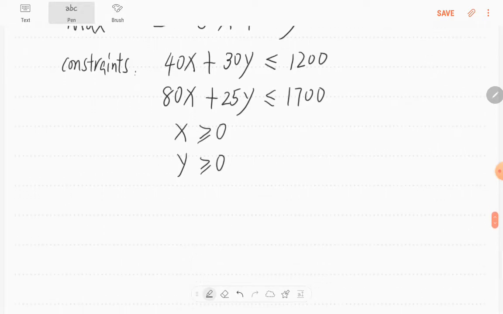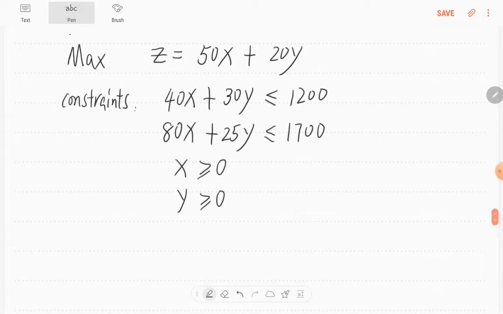So now, for this next part, we want to use the geometric approach to solve this linear programming problem. We need to find the feasible region, right?